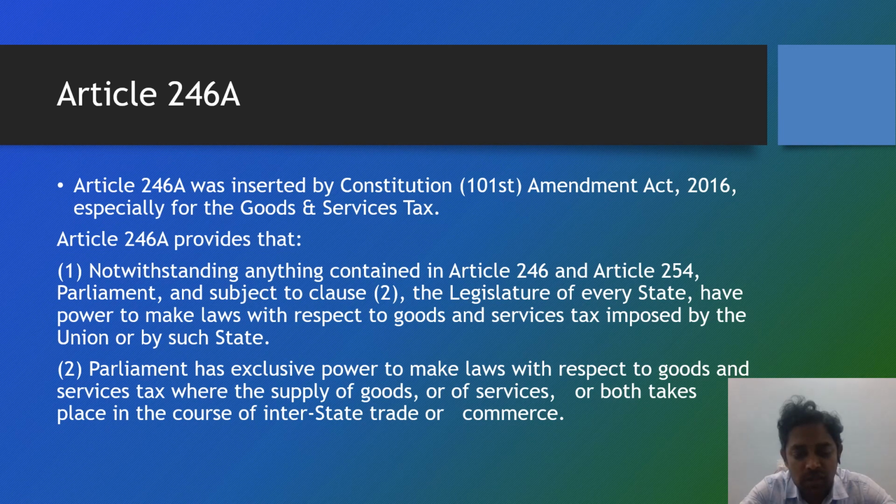The Parliament has exclusive power to make laws with respect to goods and services tax where the supply of goods or of services or both takes place in the course of interstate trade or commerce.